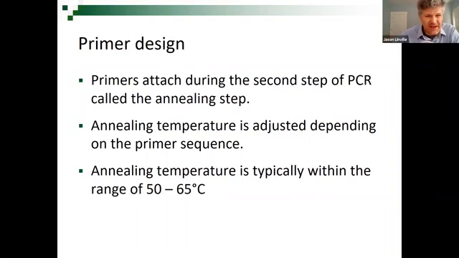There are certain problems that occur if you set that annealing temperature too high and other problems if you set it too low. But what I want you to understand is to recognize the annealing step, that second temperature in the cycle, is where the primers attach, and it needs to be adjusted for every reaction whenever you switch the primers.